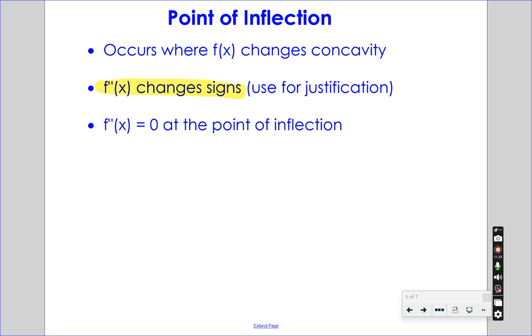F double prime of x is equal to 0 at the point of inflection. Same exact process as what we did for increasing, decreasing, and relative max min.